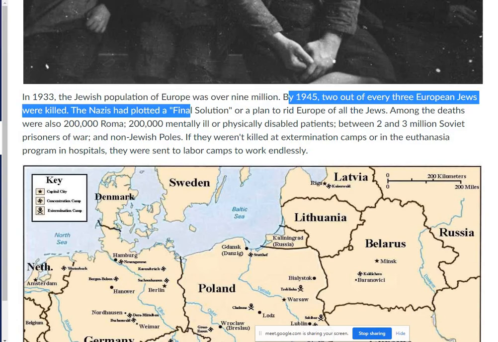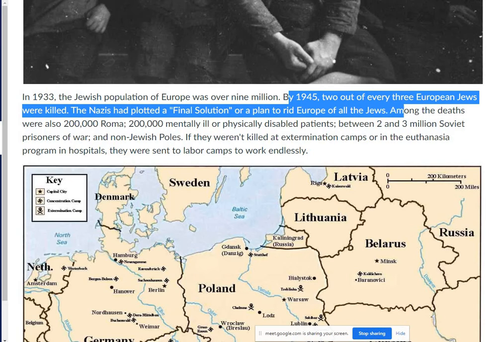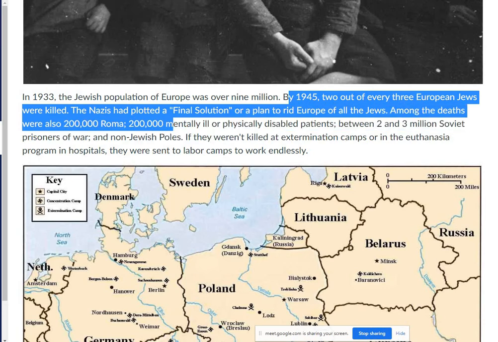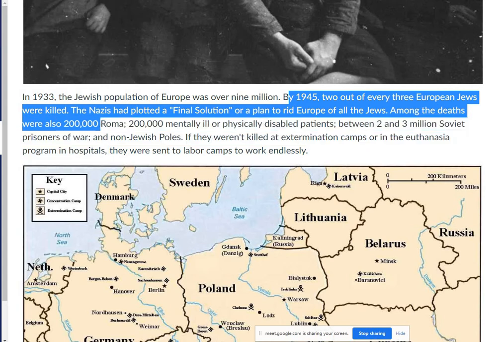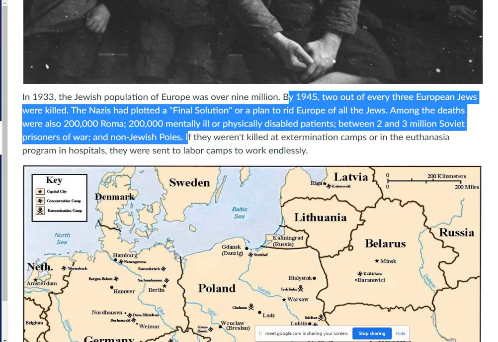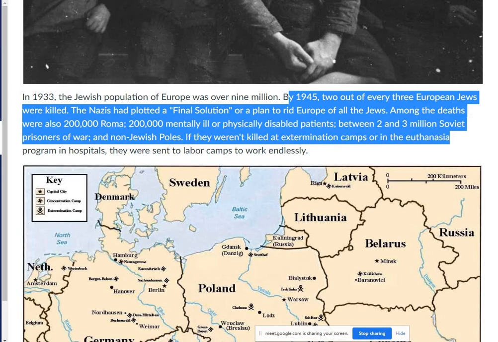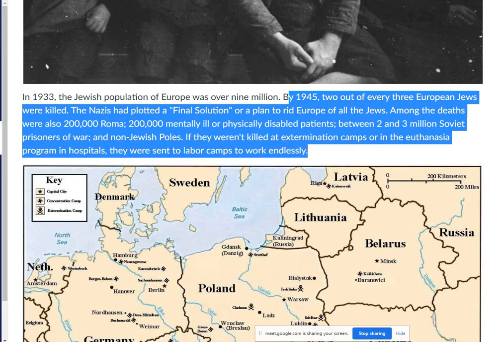The Nazis had plotted a final solution, or a plan to rid Europe of all the Jews. Among the deaths were also 200,000 Roma, 200,000 mentally ill or physically disabled patients, and between 2 and 3 million Soviet prisoners of war and non-Jewish Poles. If they weren't killed at extermination camps or in the euthanasia program in hospitals, they were sent to labor camps to work endlessly.